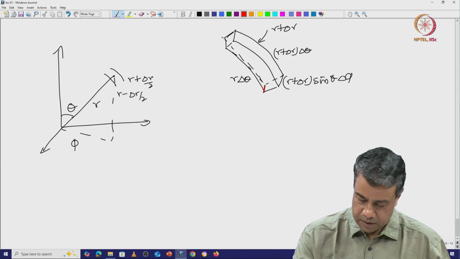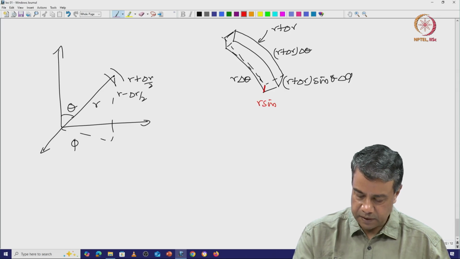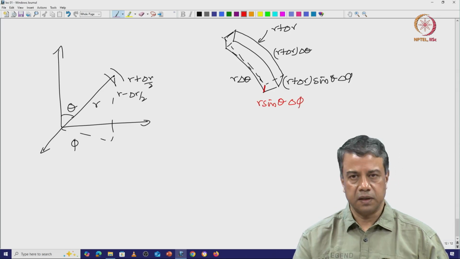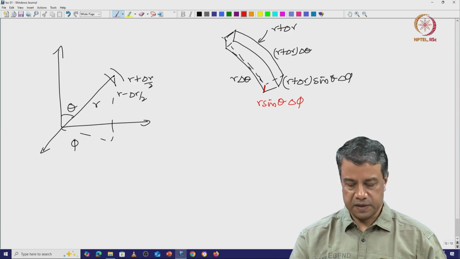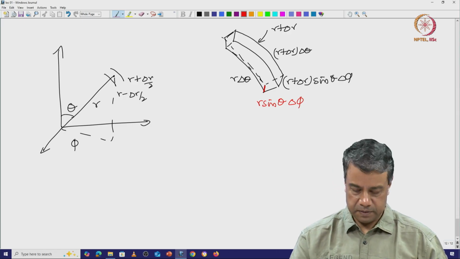So, these are the two bounding surfaces perpendicular to the r direction.